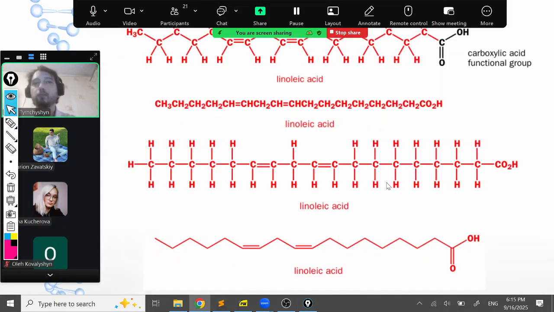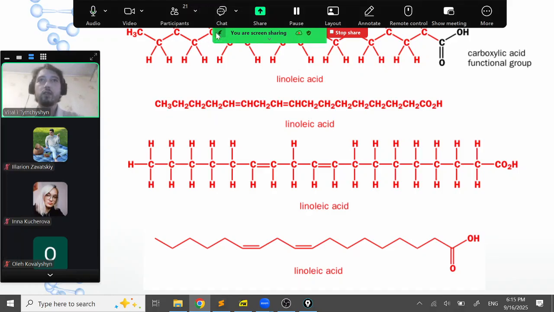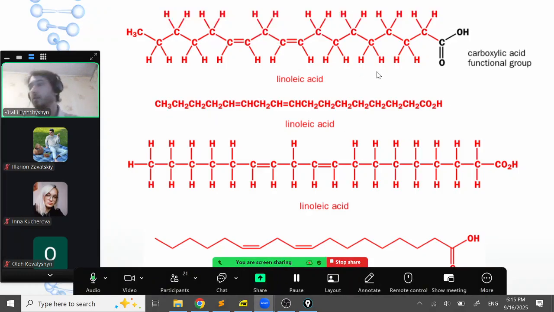Okay, so what of that? The way we draw chemicals is pretty different from the way they look in 3D. Probably it's not a surprise for you, because we draw them on a plane, and all the chemicals live in 3D.